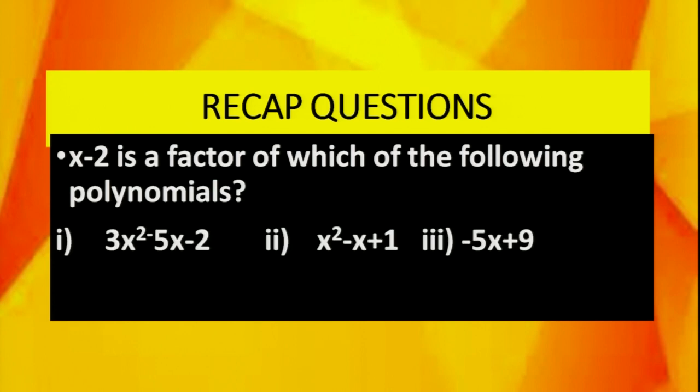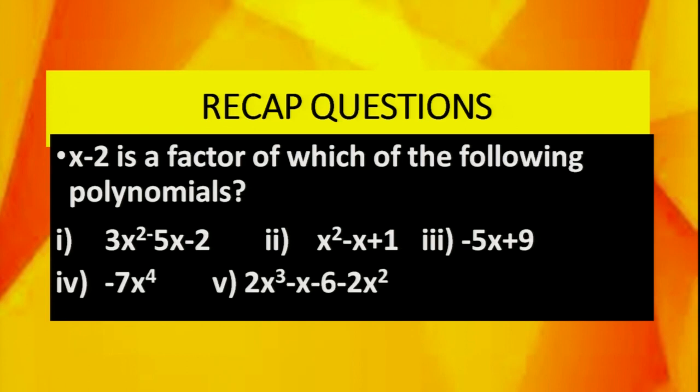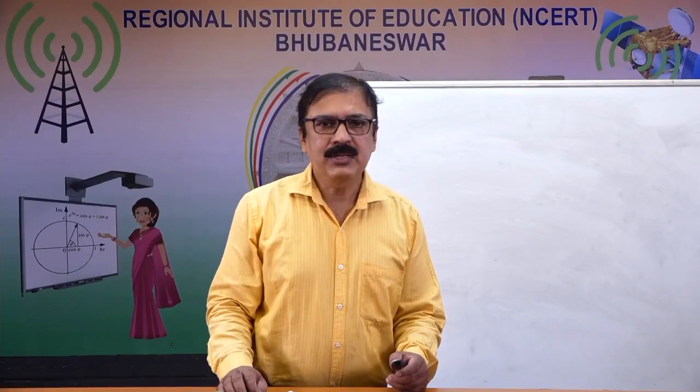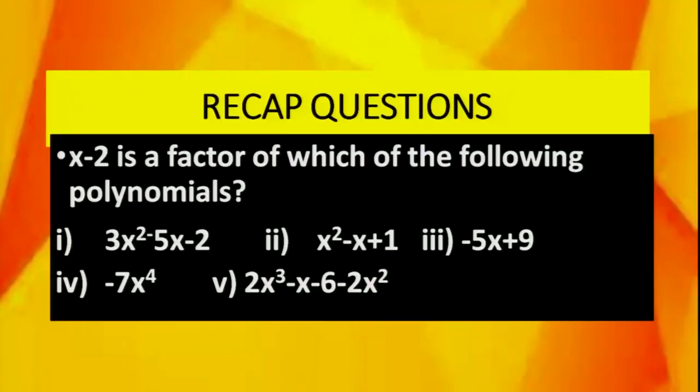Some polynomials are given: 3x² − 5x − 2, x² − x + 1, −5x + 9, −7x⁴, 2x³ − x − 6 − 2x². Now just by viewing we can simply discard −7x⁴. If we put the value of x as 2, we will see that the first one, 3x² − 5x − 2, will become 0.